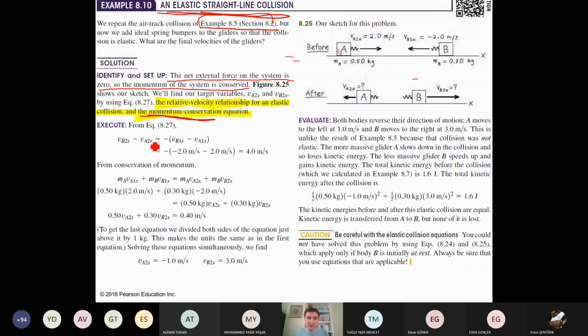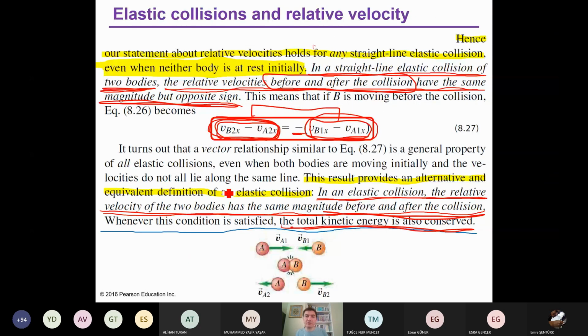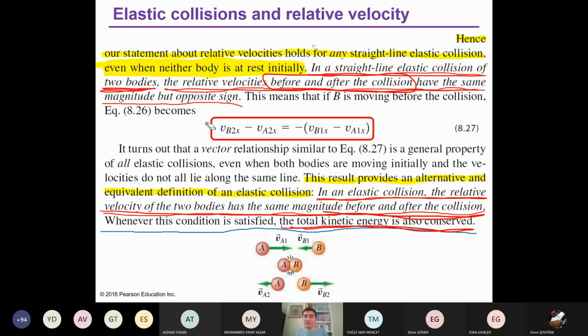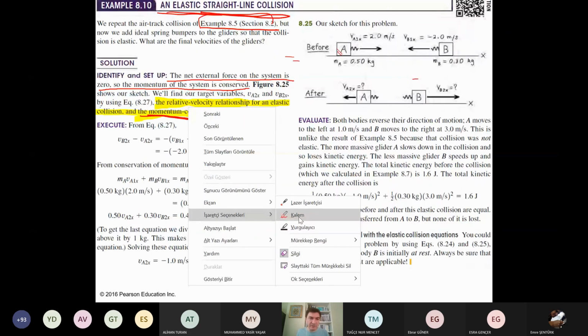This is very important for many applications, as I told you. So I can also use this expression here. What I have told you is that the relative velocity after the collision is equal to the negative of the relative velocity before the collision. So I can also use this expression here in order to calculate the final velocities. So this is the relation between elastic collision and relative velocities.